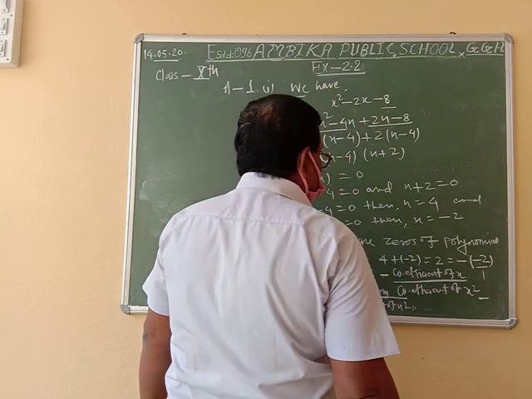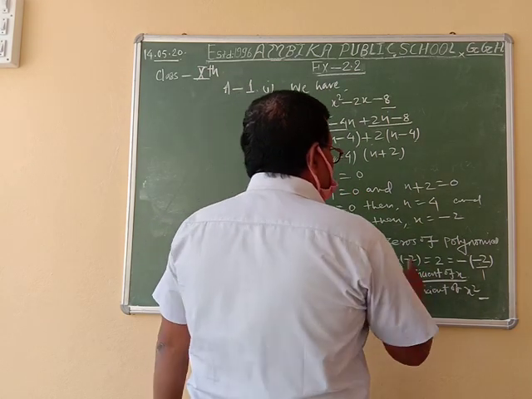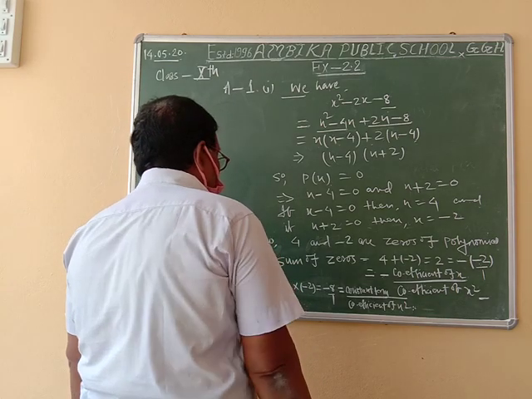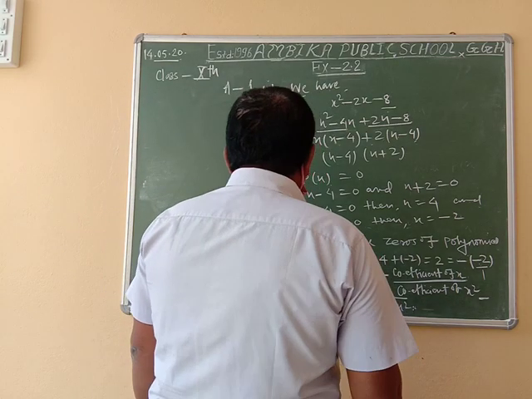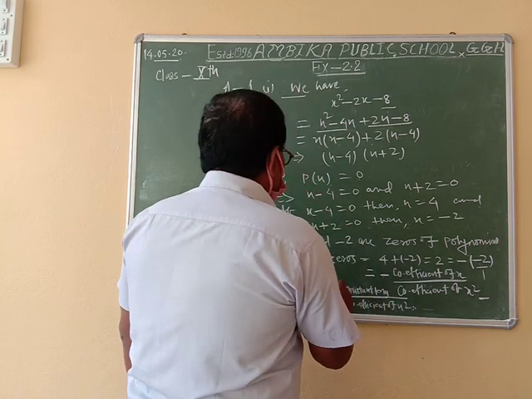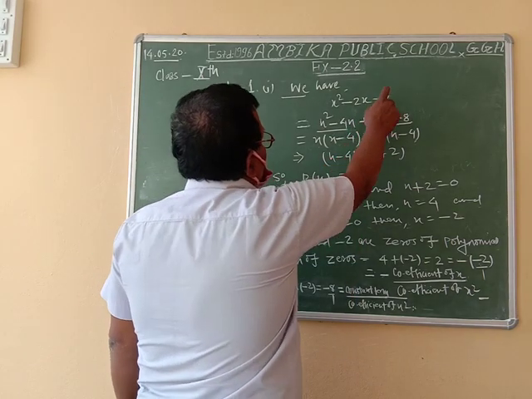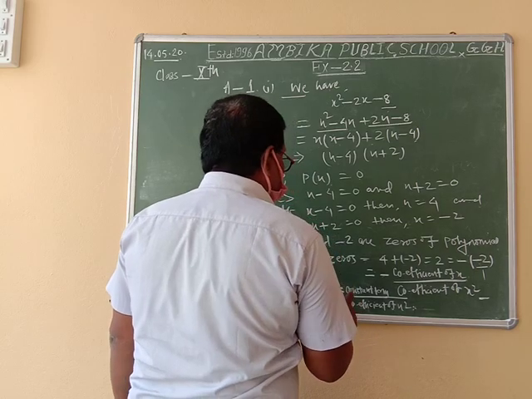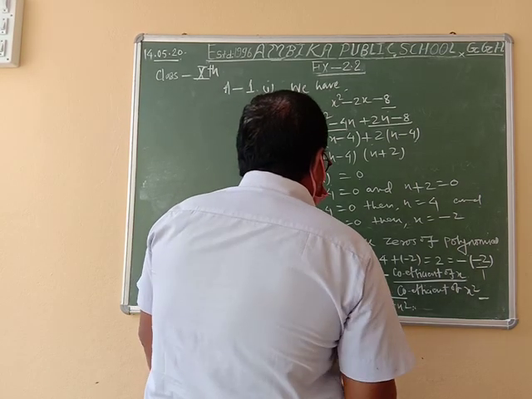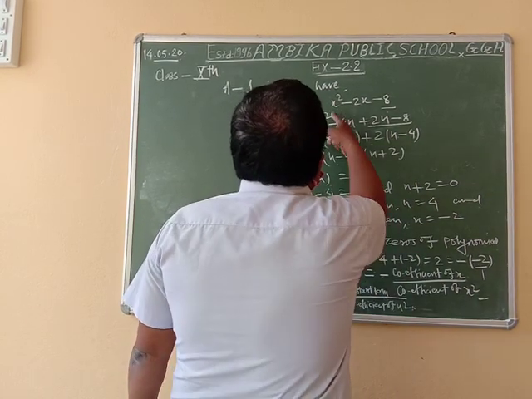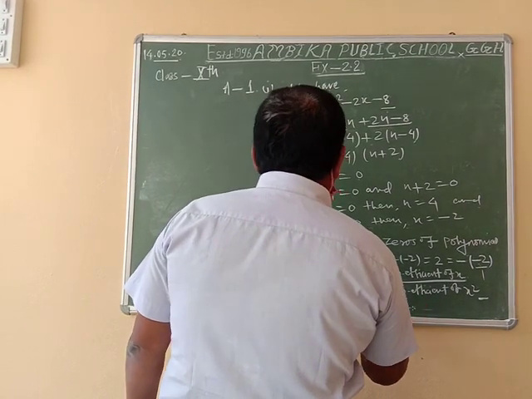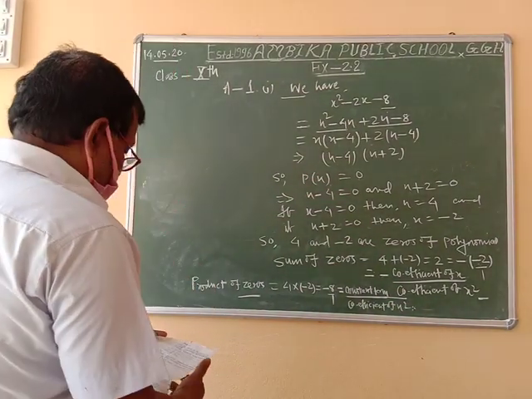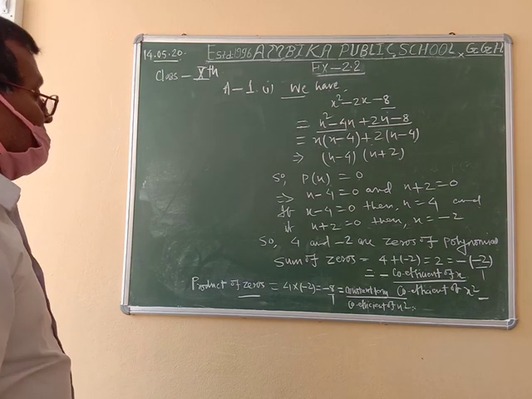So this is the relation between the zeros and the coefficient of x. Also product of zeros is 4 into minus 2, equals minus 8. Minus 8 is the constant term of the polynomial, and 1 is the coefficient of x square. So this is the relation between the zeros and the constant term.